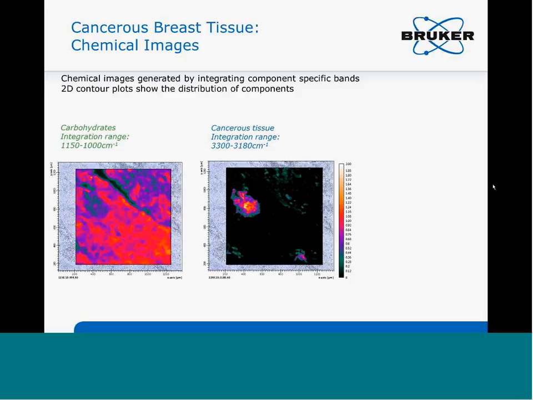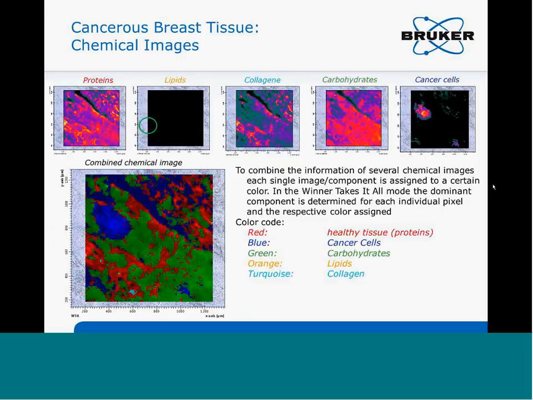As you can see here, we can differentiate where the cancerous tissue, the carbohydrates, and the proteins are, and we can also combine the images, which gives the distribution of all these components on this slide.